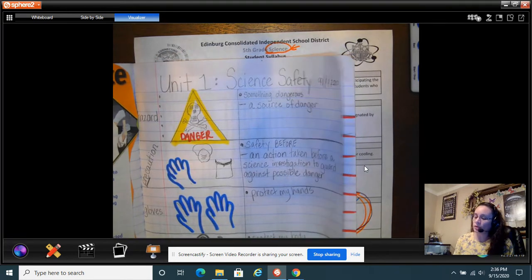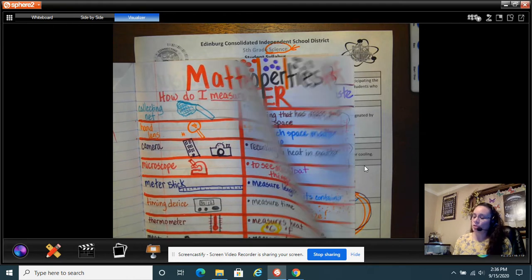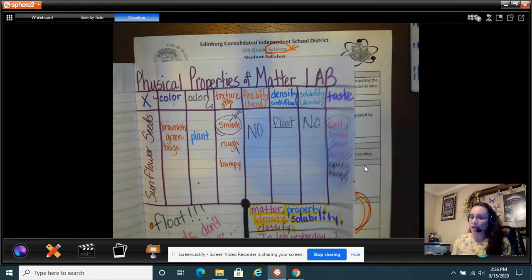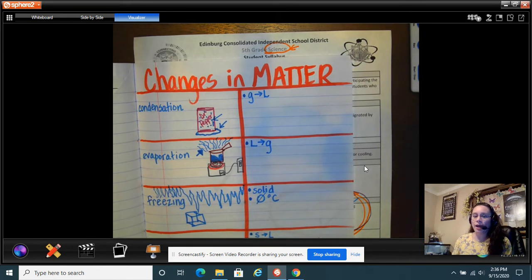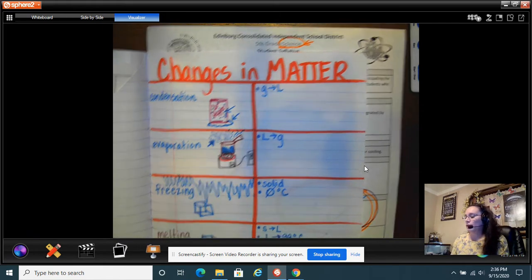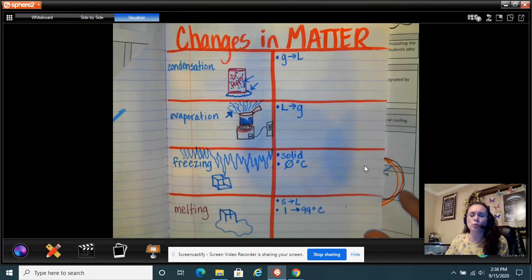I have my vocabulary words for week 1, vocabulary words for week 2, my science lab for week 2, and then I have my week 3 vocabulary words. Now, how do I know these are my vocabulary words for week 3? It's because I'm using the syllabus.